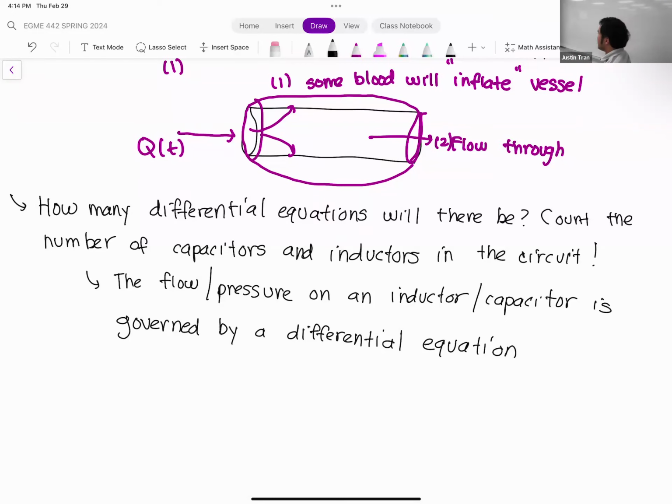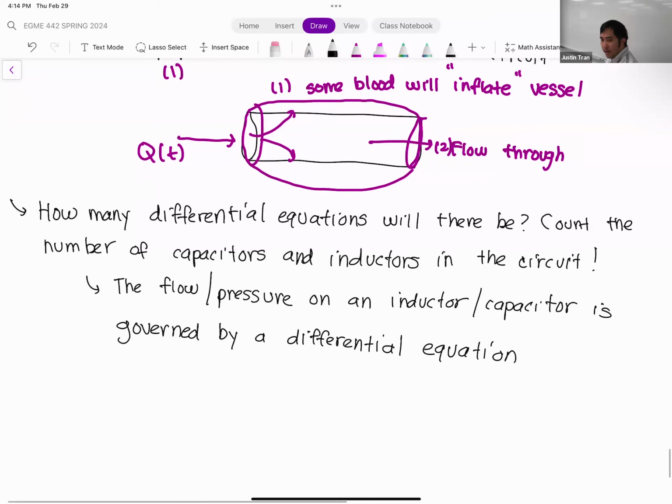And we're going to use those governing differential equations to form our entire equation for the circuit.